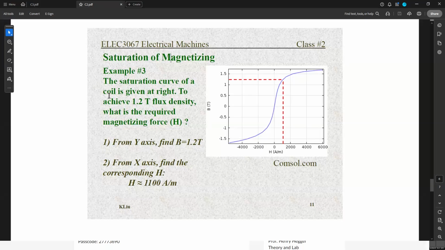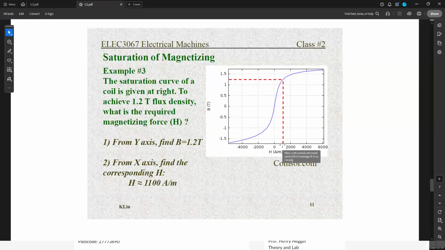The saturation curve of the coil is given at the right. To achieve 1.2 Teslas of flux density, we're measuring the strength of the magnetic field in Teslas. What is the required magnetizing force? From the x-axis we can find that, where's the 1.5 Teslas? Somewhere here. 1.2 is about here. Then we just draw a line here. Boom.